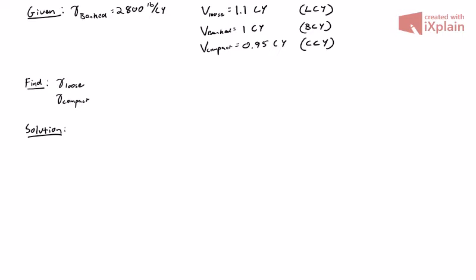So the first thing I'd like to point out is this notation we have over here that we can use for volume, right? One way you can write this is V loose equals 1.1 cubic yard.